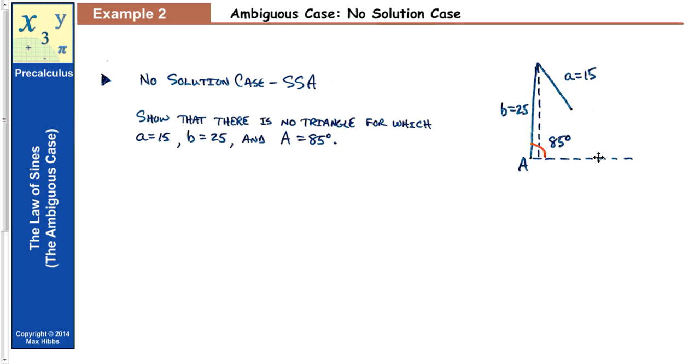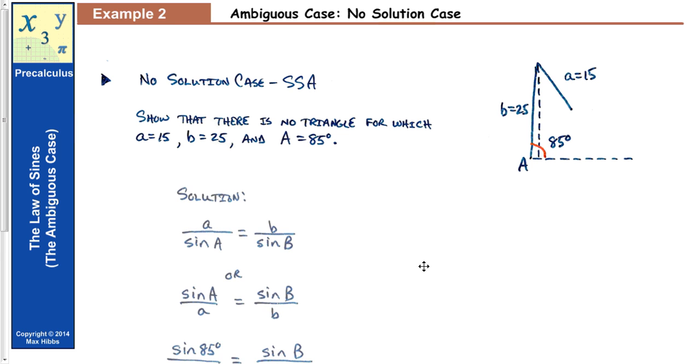So the vertex of the triangle has to be somewhere along this horizontal, and it's not going to reach it, is it? And that's because of the relationship of these three pieces. Not possible. Well, how do we know that without going through a great deal of trouble trying to create a triangle that has these components? Well, here's how we do it. Here's what's going to happen.